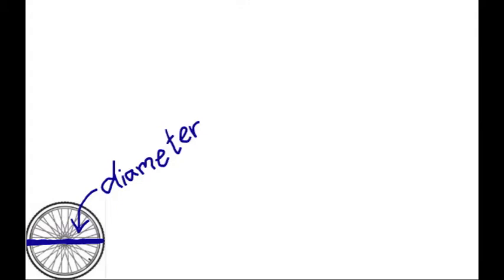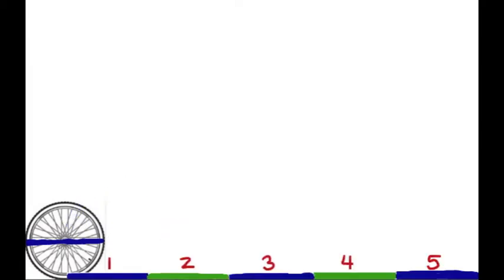Right now we simply want to see if there exists a relationship between a circle's diameter and its circumference. To do this, we're going to take the diameter as a unit of measure and lay it side by side with one another for however many times we want. So let's do 1, 2, 3, 4, 5 times.